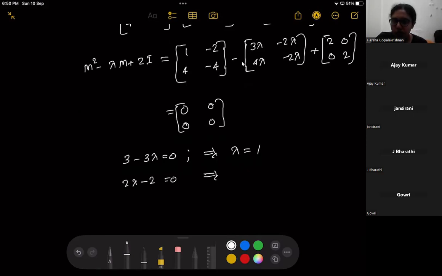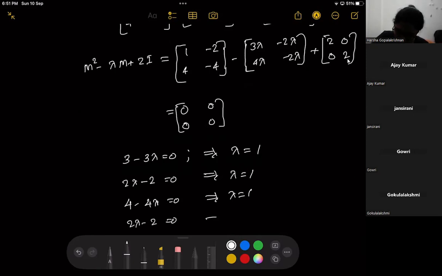From the third equation, we get 4 minus 4 lambda equal to 0, again lambda equal to 1. And the fourth equation is minus 4 plus 2 lambda plus 2, so 2 lambda minus 2 equal to 0, implies lambda equal to 1.